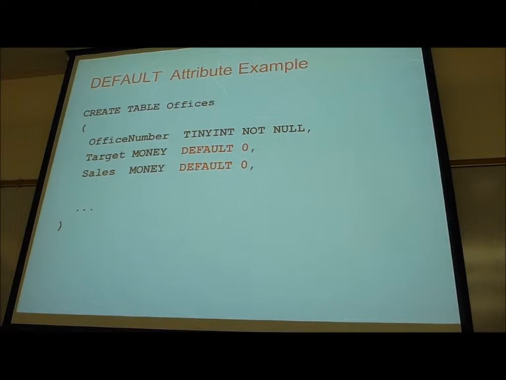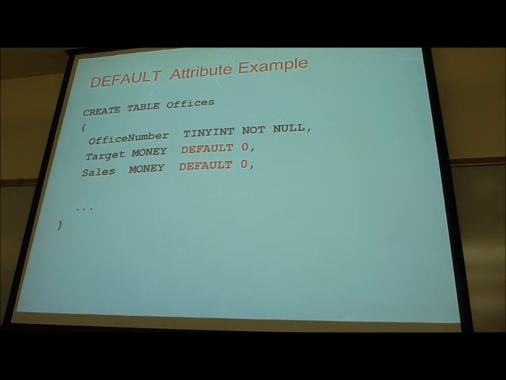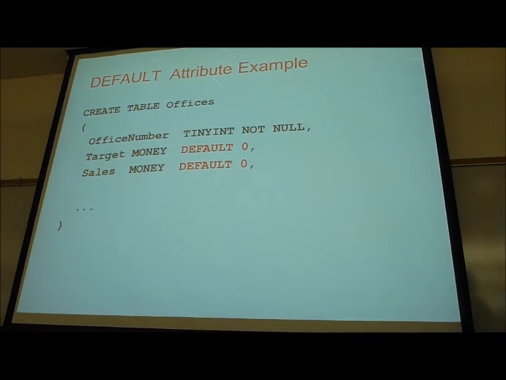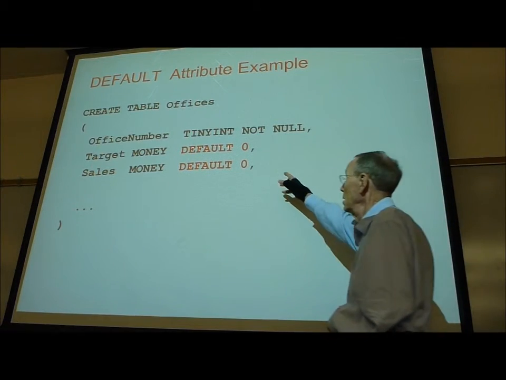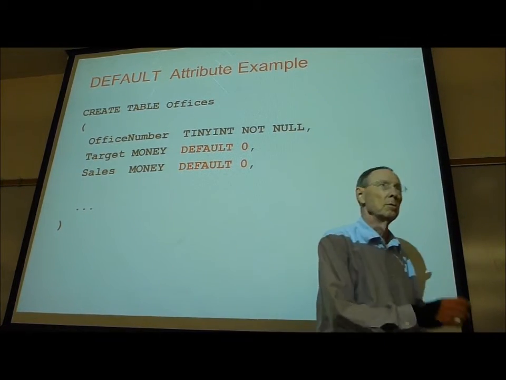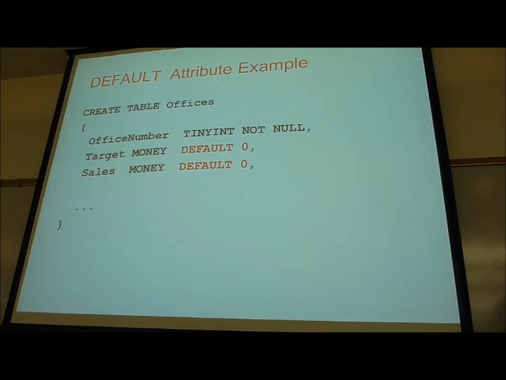So in the case of our target and our sales in our little table that we had shown, it makes sense to say, well, right now you don't have a quota of anything, so it's 0. You have no sales, it's 0. We'll assign you a target later, and then hopefully you start producing some results that look like you're moving towards that target.